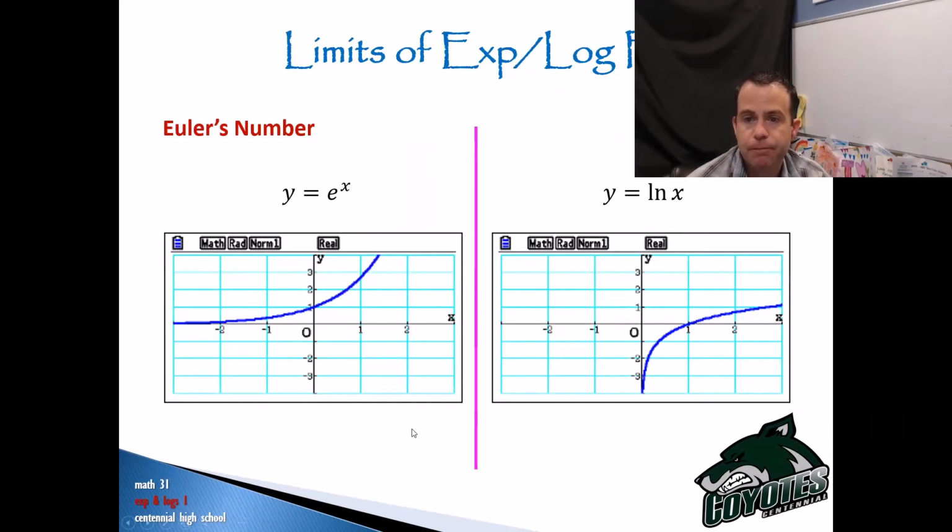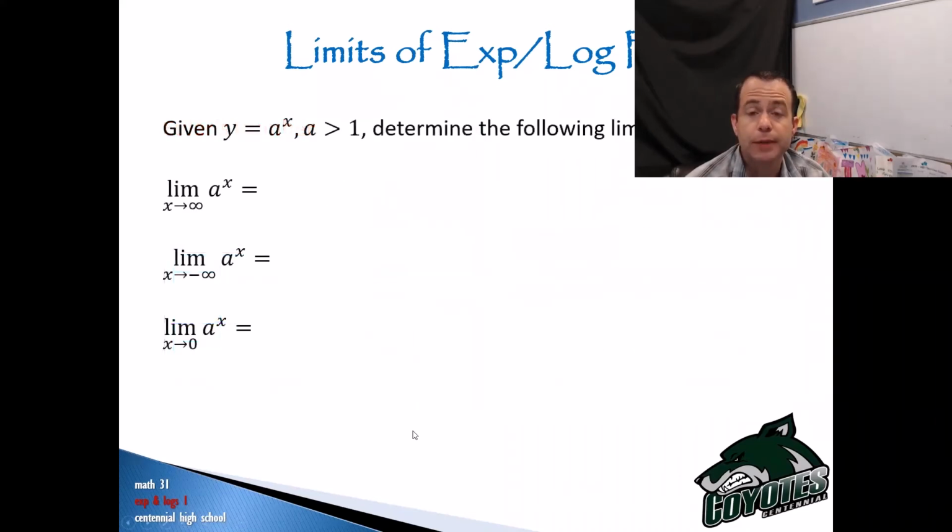Okay? All right. So now what we want to do is just work through some limits and just see how you're feeling about them, okay? So y equals a to the x is what we're given, where a is greater than 1. Determine the following limit. So if x was approaching infinity, if I start putting a really big number in here, we've actually already talked about that when we started talking about limits in general. That limit will not exist, right?